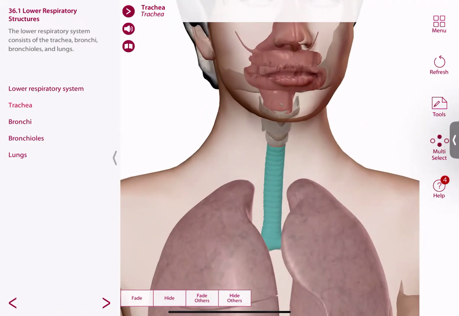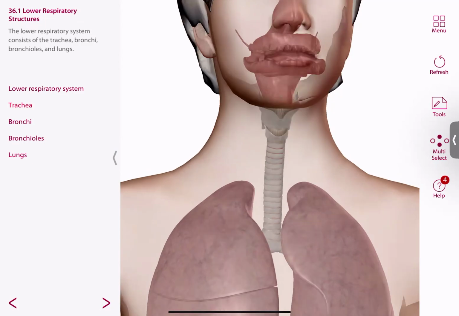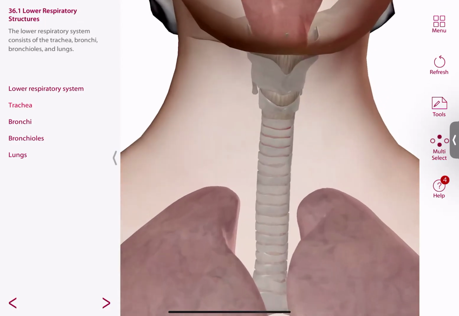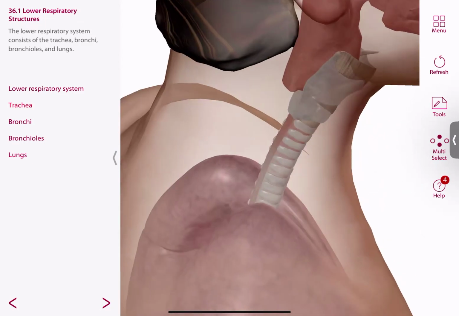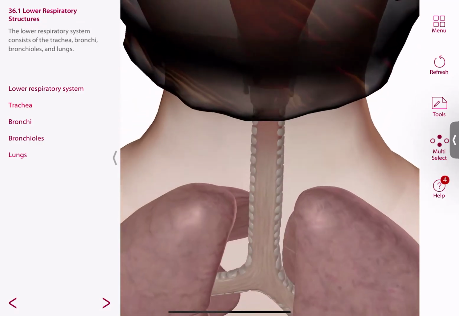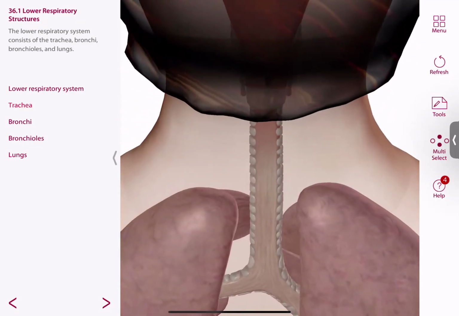As far as the trachea is concerned, it is lined by C-shaped cartilage rings. So if you can see here, there are C-shaped cartilage rings that support the trachea from the front, but there is no support provided from the posterior side or the back side. The reason is that behind the trachea lies the esophagus, which normally remains collapsed when the person is not eating or swallowing food.